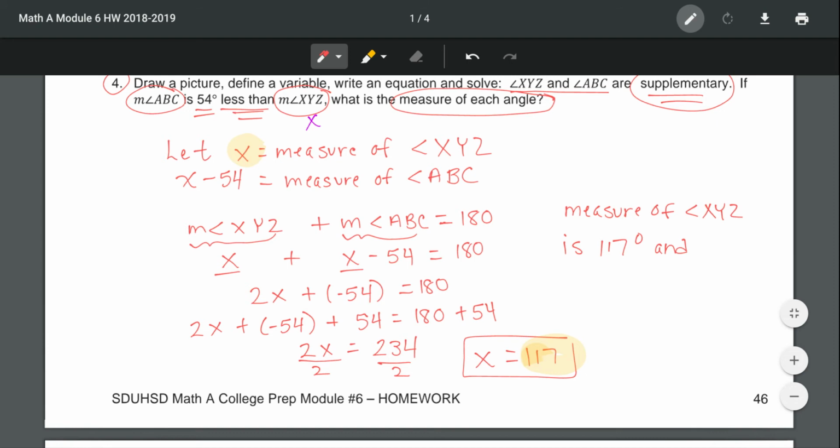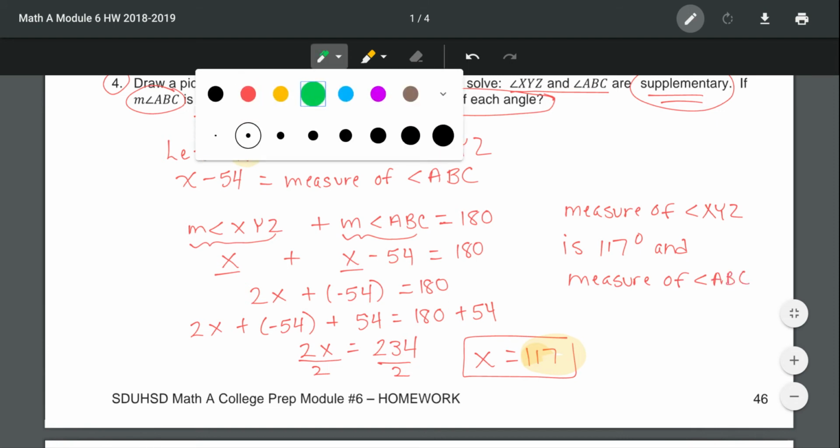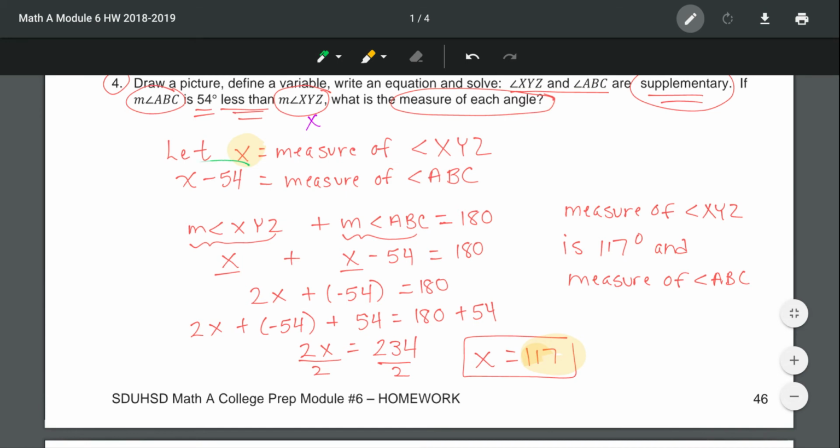And now we need to figure out the measure of angle ABC. So the measure of angle ABC is x minus 54. So if x is 117, you want to take 117 minus 54, and that would be 63. So the measure of angle ABC is 63 degrees.